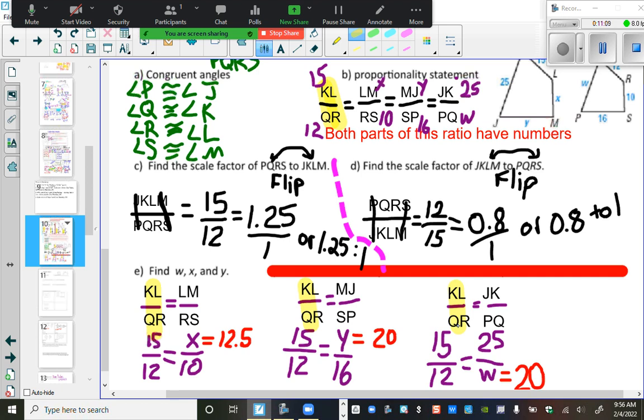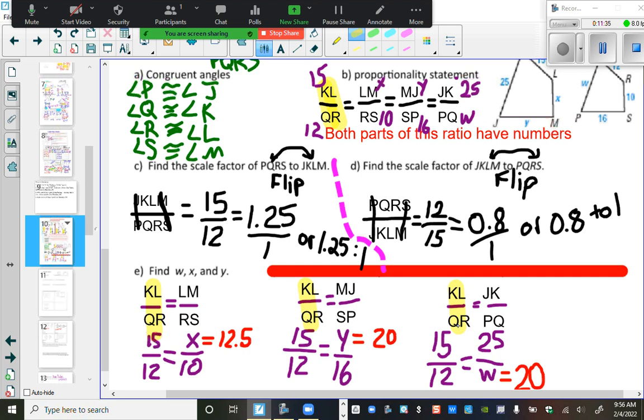You need at least one that has both numbers in order for you to determine your missing side, because with a proportion, sometimes you might have two missing values if it's the same variable. But remember, they're going to give you three sides, or they might give you two.